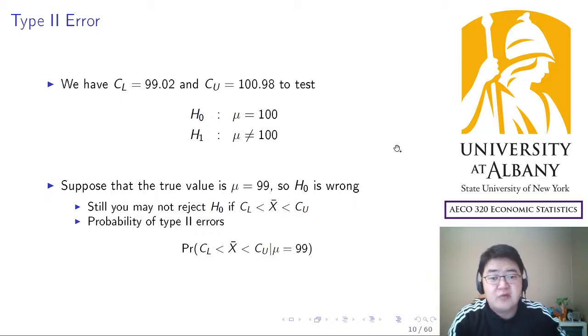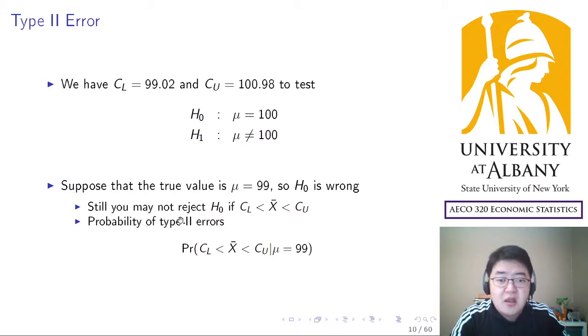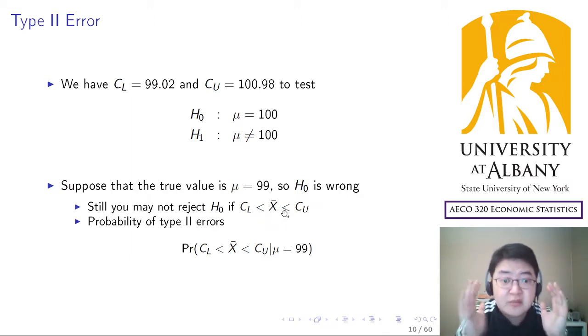So then let's calculate that probability when a drug contained 99 milligrams on average. What is the probability that you cannot reject the null hypothesis? It happens when you don't reject the null hypothesis. So you don't reject H0 if X bar, the sample mean, is in between the critical values.